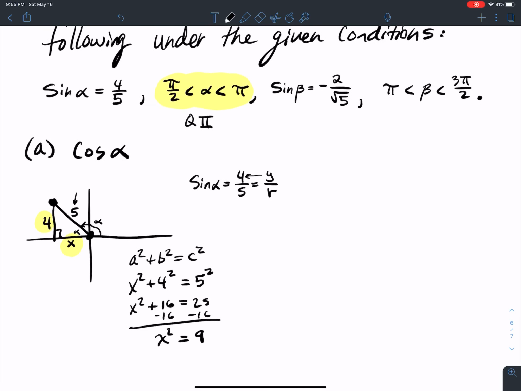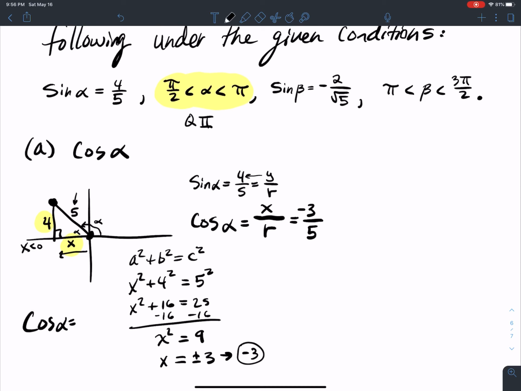Now when I take the square root, x is equal to plus or minus 3. So which one do we pick? Well, if I'm on the negative x-axis side, then x needs to be negative 3. So the cosine of alpha is x over r, which is negative 3 over 5. So my answer, cosine of alpha equals negative 3/5.